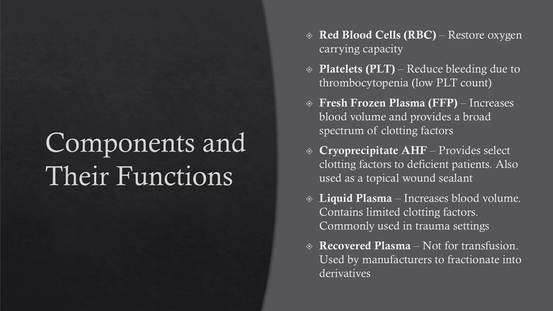The plasma that is not used for transfusion in a blood center, if it doesn't meet our strict qualifications for FFP or other blood components, a lot of times will get converted to recovered plasma, and rather than discard it, it's able to go to a fractionator, and they can make a useful blood derivative out of the recovered plasma.